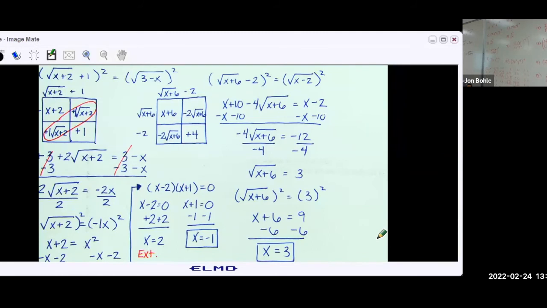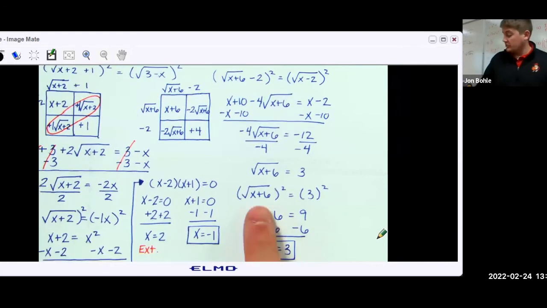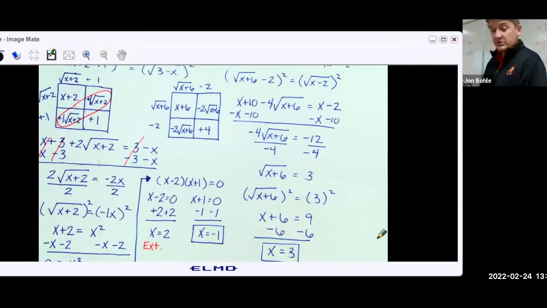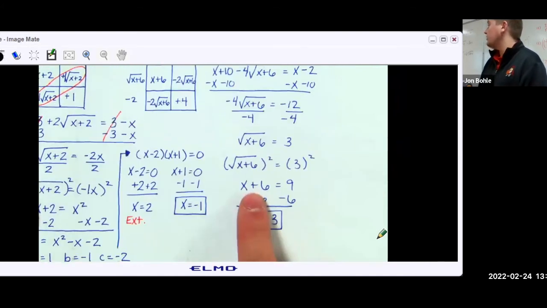Okay, so how come this one I only have one answer? I don't have to set it equal to 0 as part of it. Oh, because of the higher power thing. When I square it twice, I end up just reducing it down to a linear equation.